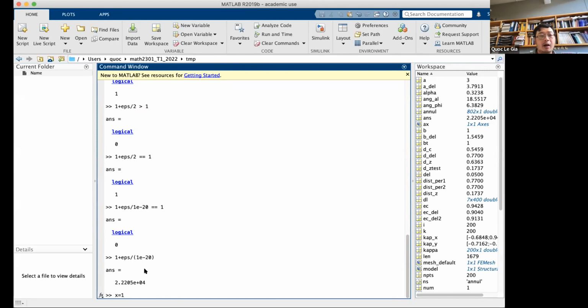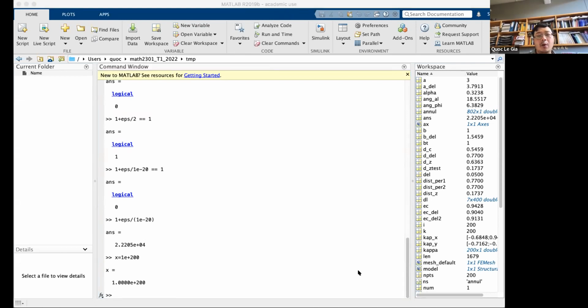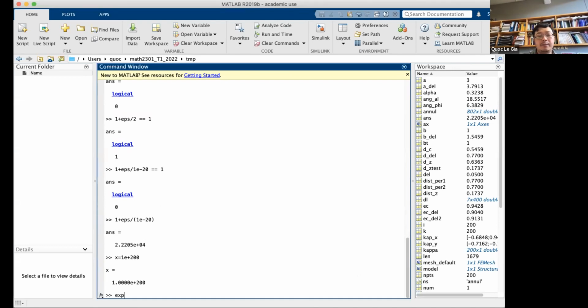So I got 10 to the 200. When we write 1e plus 200, actually it's 10 to the 200, and it's a big number. And then if I take exponent of x cubed, what do I get?